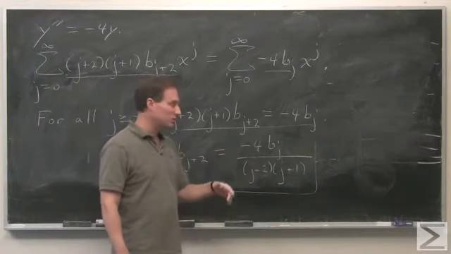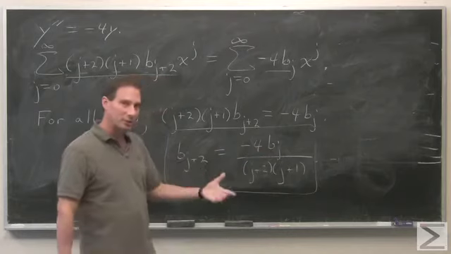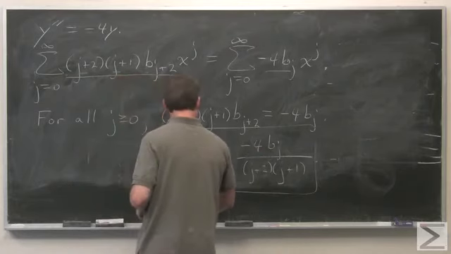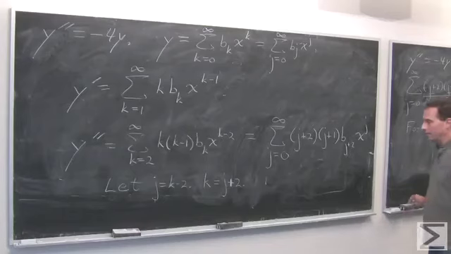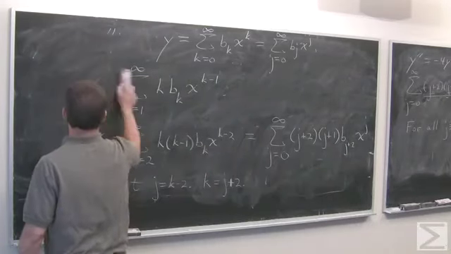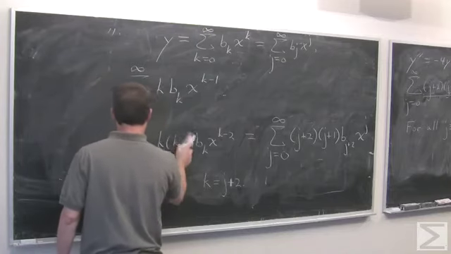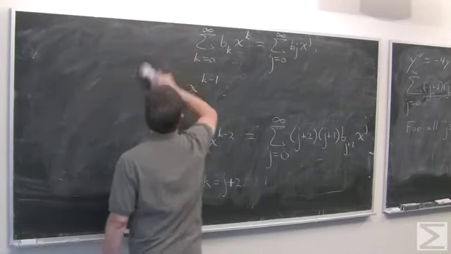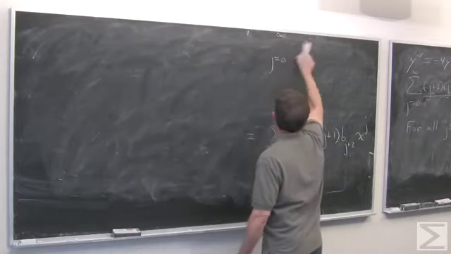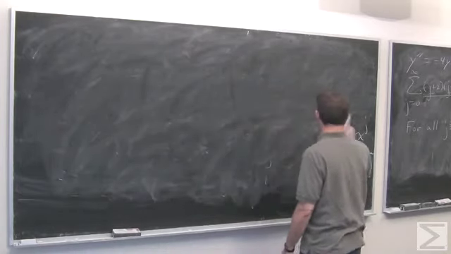At the same time, the odd ones: if you know b sub 1, you know b sub 3. If you know b sub 3, you know b sub 5. So the coefficients naturally break up into the even ones and the odd ones because in our iterative formula, the index goes up by 2 each time.